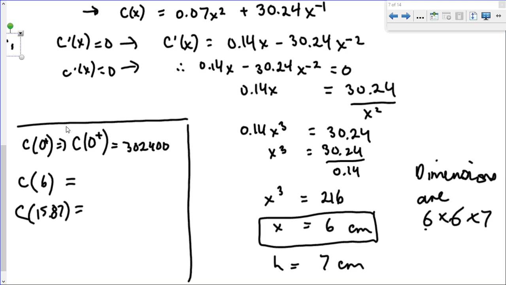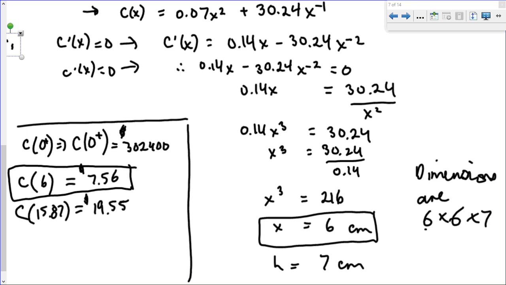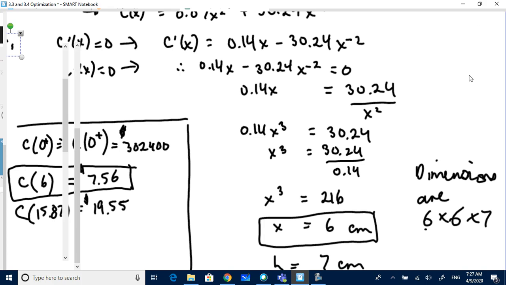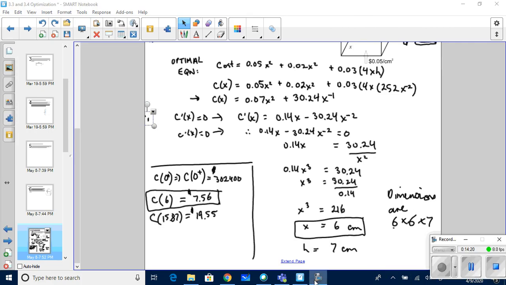It's an asymptote, so it's sort of an infinite value. Then $7.56 here, and 19.55. So Desmos will show you that minimum, and it's verified by checking the derivative point, the extreme point, plus the 2 endpoints. Okay, that's it for that one. That's going to be the only recorded part of this.